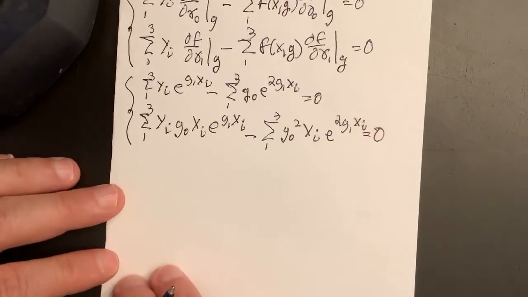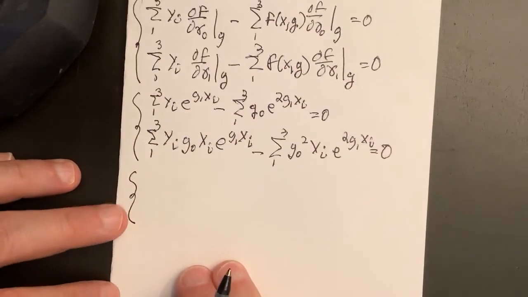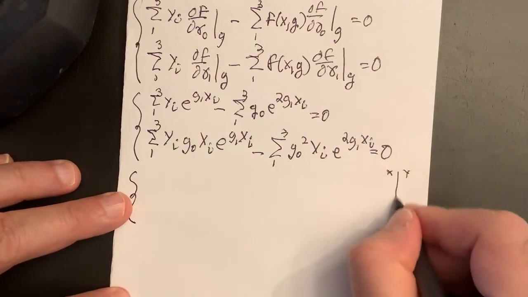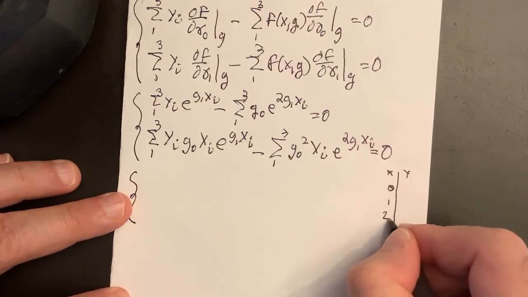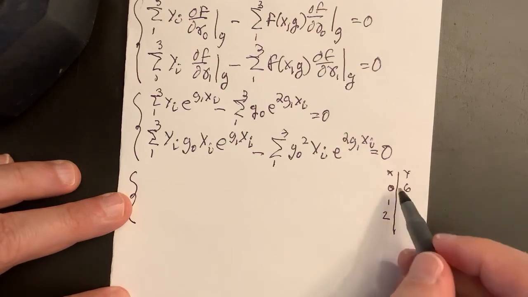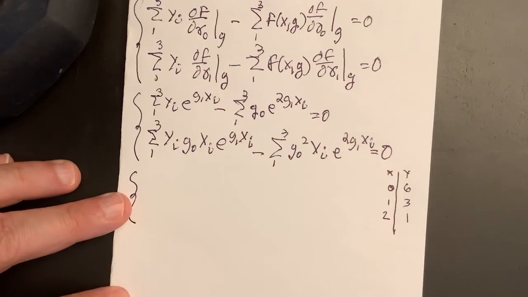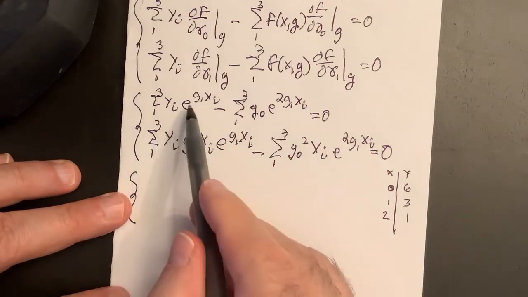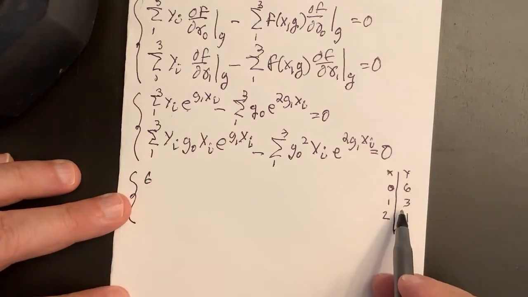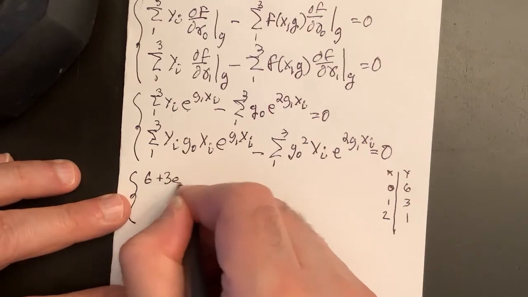They can be simplified, and now I can plug in the data. So using the data here, x and y: 0, 6; 1, 3; 2, 1. So we put these in now. Let's do it for the top one. I have x is 0, so that makes this 1, so I just have 6. My next one, I have plus 3 e to the g1.